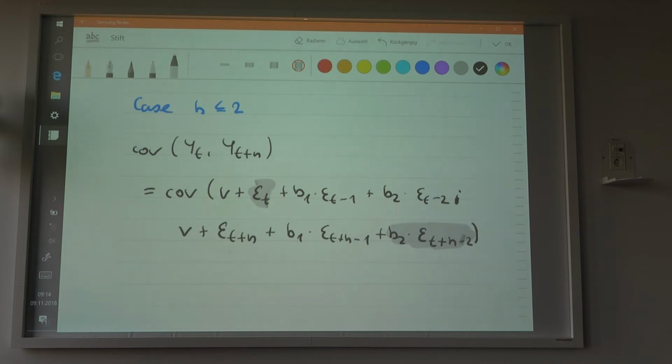Then of course you have the covariance, which is going to be equal to B2 times the variance, because they are equal. So this is going to be equal to B2 times the variance of the white noise, which is sigma squared, obviously.